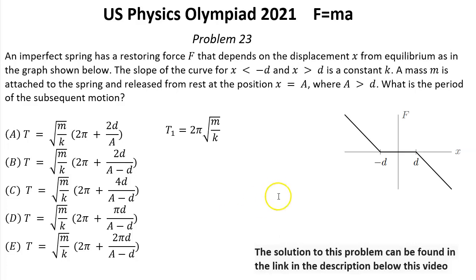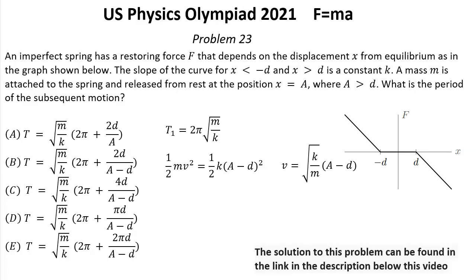Now let's count what is the speed of this mass during motion from negative d to d and back. That we can count from energy conservation. And from here v equal square root of k over m multiplied by a minus d.